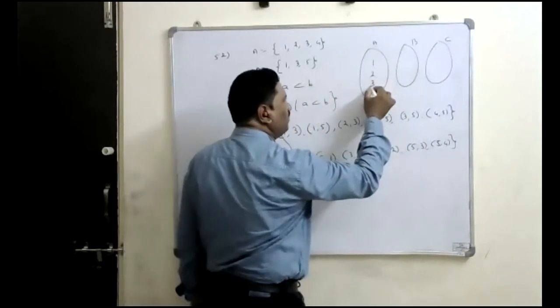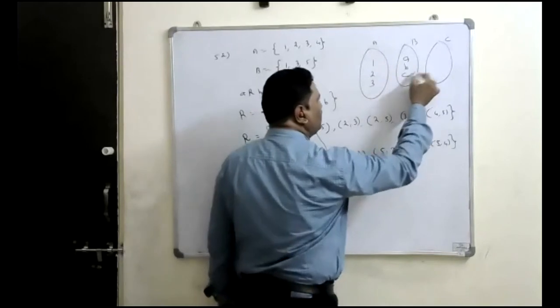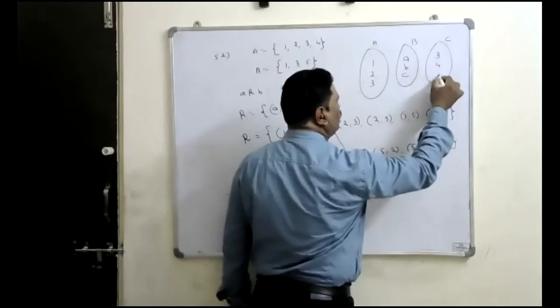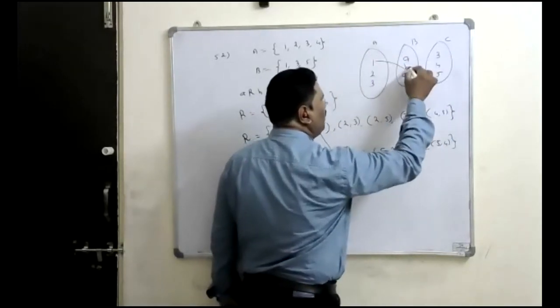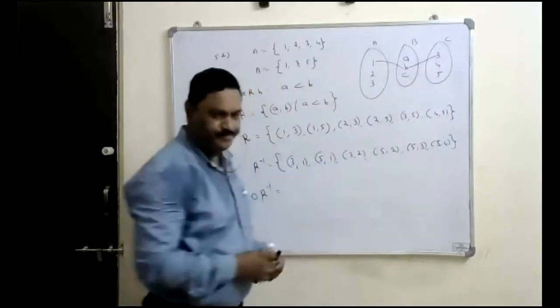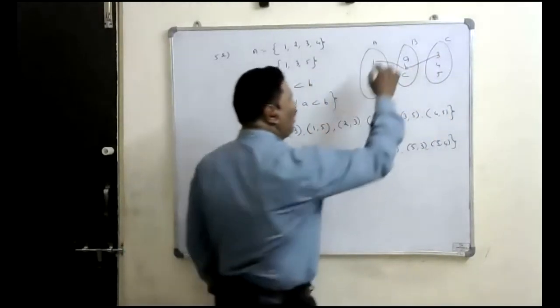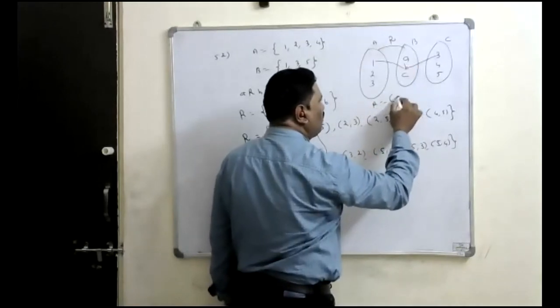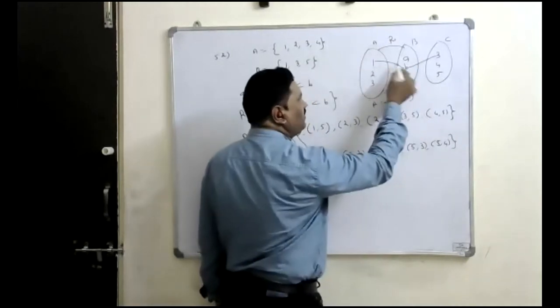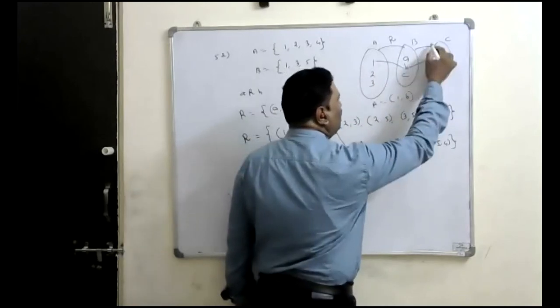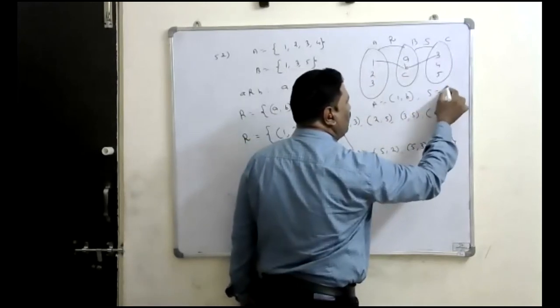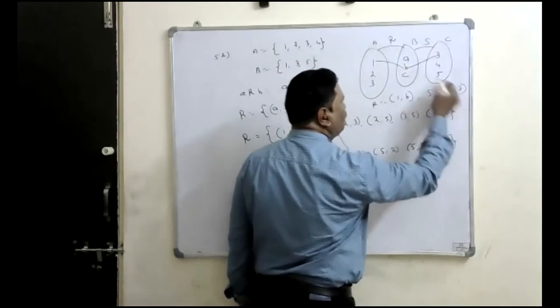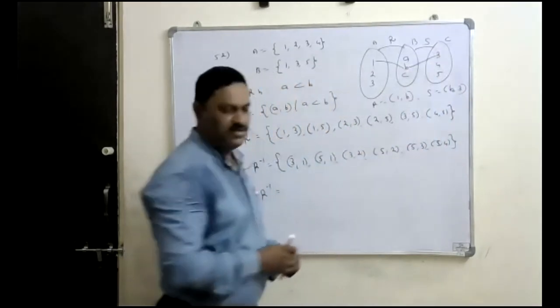Suppose it is 1, 2, 3, then a, b, c, and then 3, 4, 5. Let us assume that 1 is related to b, and b is related to 3. So R is the relation: 1 is related to b, and S is the relation: b is related to 3, right?